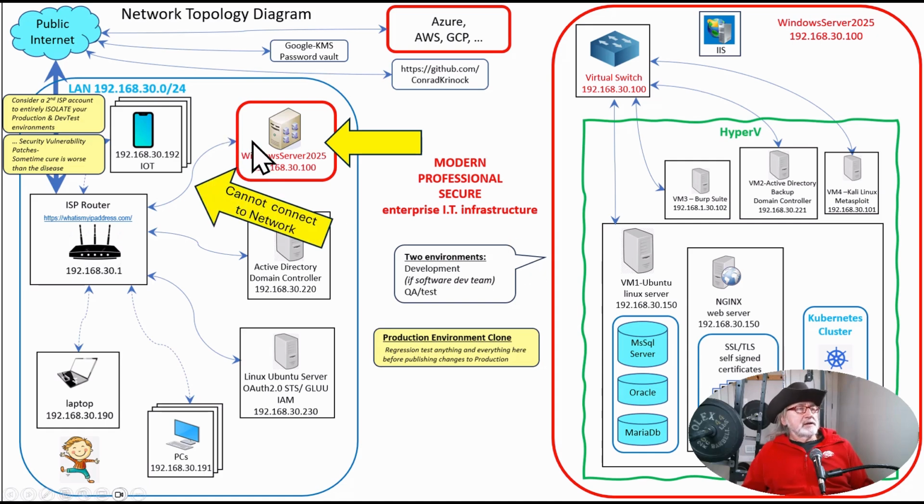And what we've got here is a physical host, a physical computer. This is a physical router on our network. And this connection, which is a wired Ethernet Cat6 connection, it's not working. Okay, we cannot connect to the network.